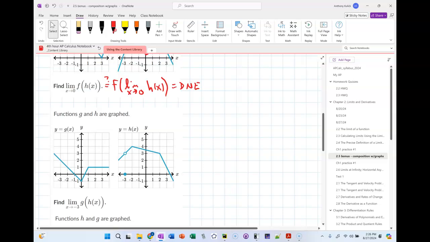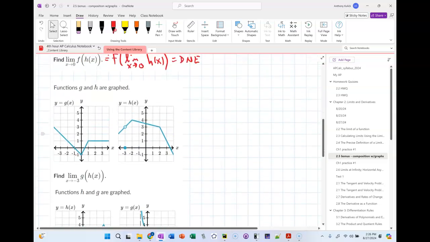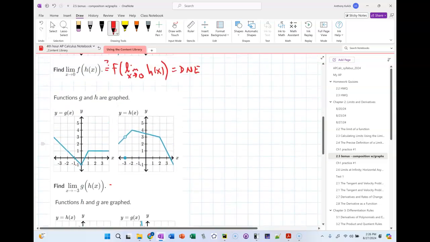What if we have something like this? So if I go to negative 3, the limit here, I can't plug into h of x though, right?